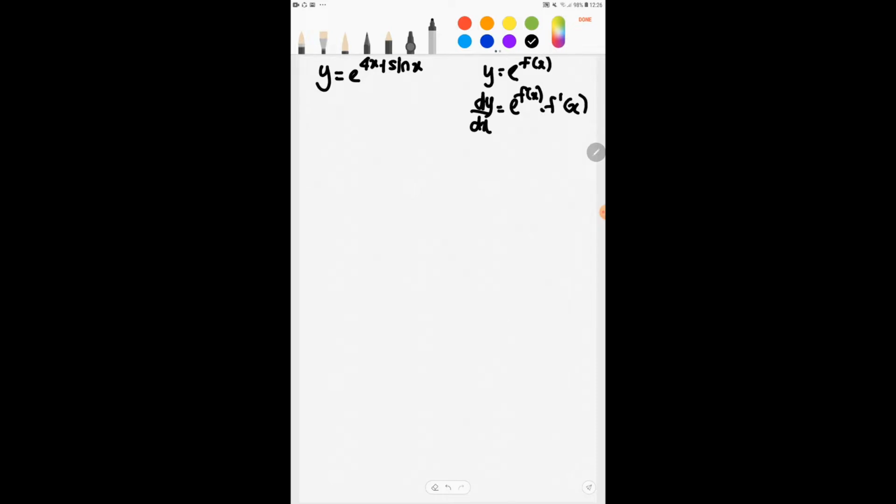What is f(x) here? If you look at it, f(x) is 4x plus sine x.